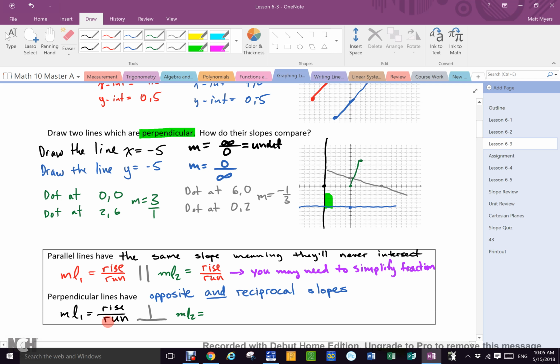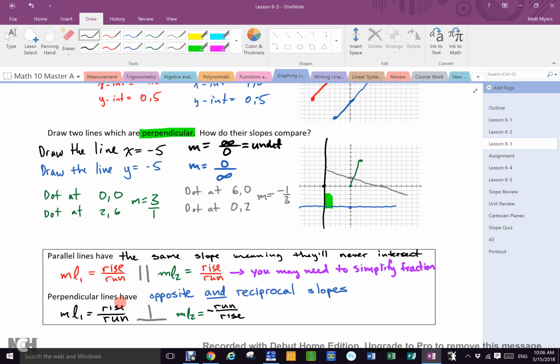Where will this one's run go? Numerator. It will go to the numerator. Where will this black rise go? Run over rise, and it will be negative. That's what will happen with the numbers.